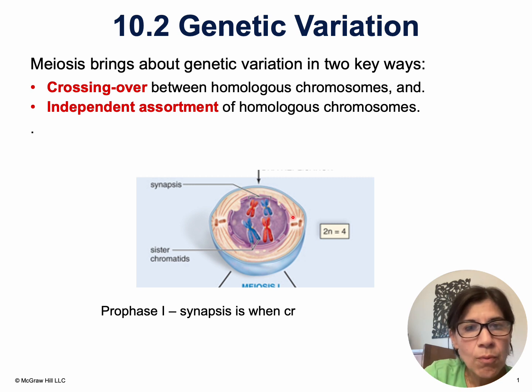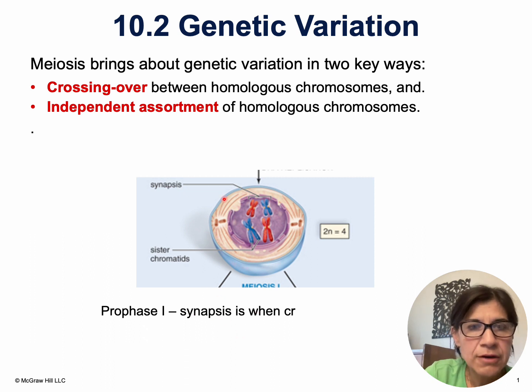In prophase 1, these homologous pairs, remember they're homologous because they are of the same size, they contain the same genes, but those genes can be in different forms, and they find each other. That is referred to as synapsis. Synapsis is when homologous chromosomes find each other.